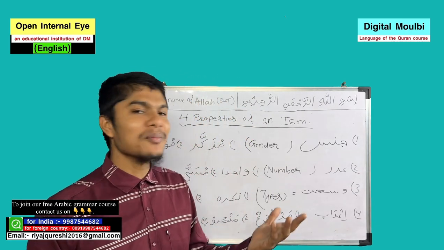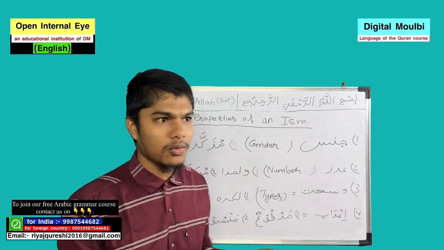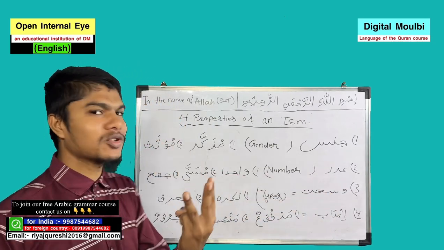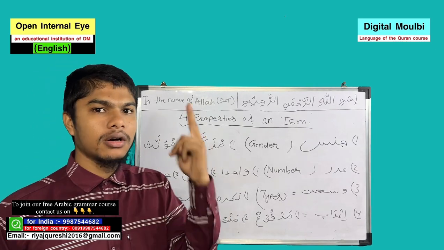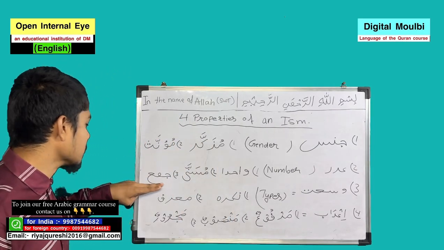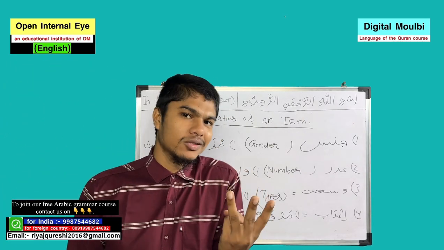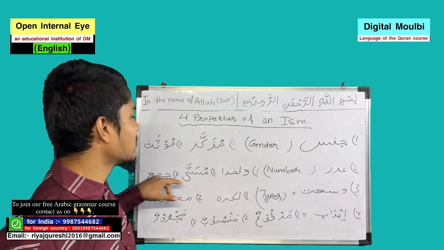When Arabs say something about 2 things, they use a special word which is called muthanna. Okay, so in Arabic there are 3 types of number. Wahid means 1, muthanna means pair, 2, and jama means more than 2. Okay, so 3, you can say 3 also, more than 2. So these are the 3 types of adad.